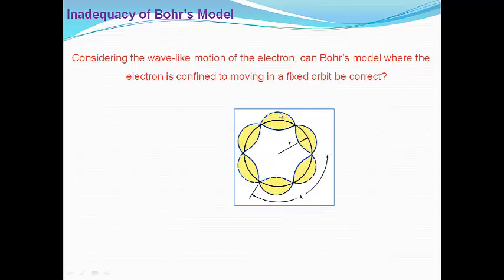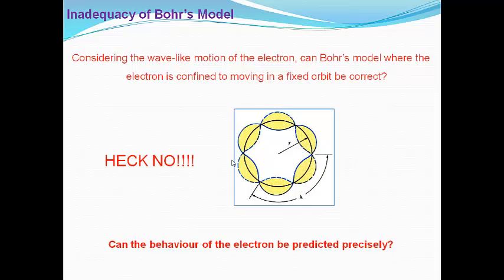For example, if it is here, this is one position, but if it is here, it's at another position, and so on and so forth. So this is basically telling us that one cannot confine the electron to a fixed orbit if we consider the fact that the electron is moving as a wave.